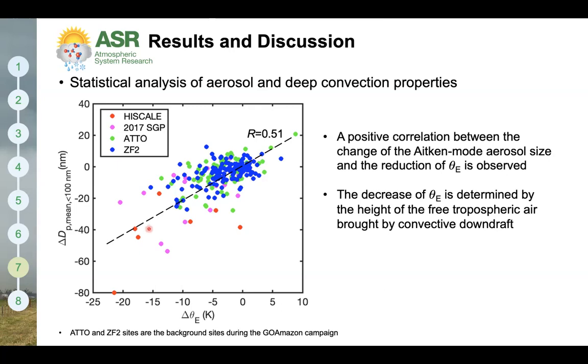And this positive correlation is also reasonable because normally the deep convection events that have a more substantial change of the theta E mean that the air mass is being transported from further higher up in the free troposphere, where the aerosols will generally have a smaller size due to the new particle formation.